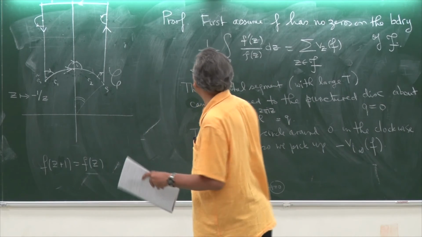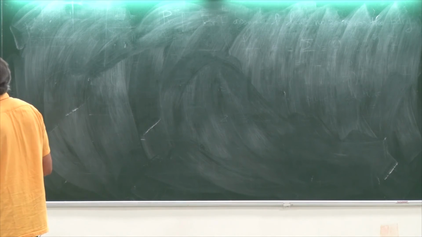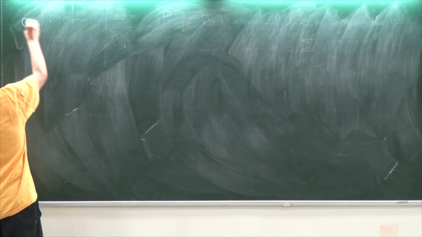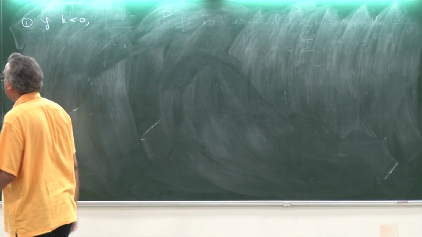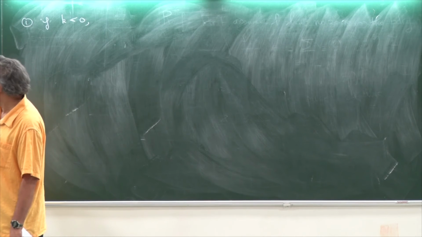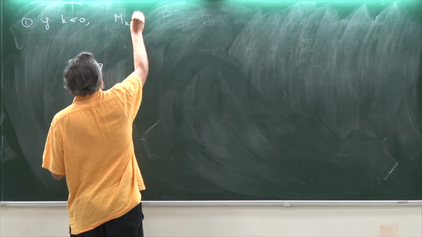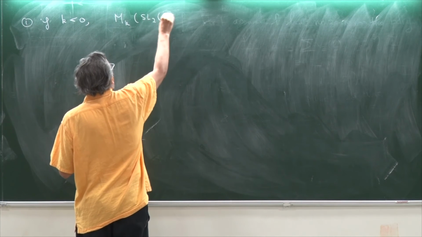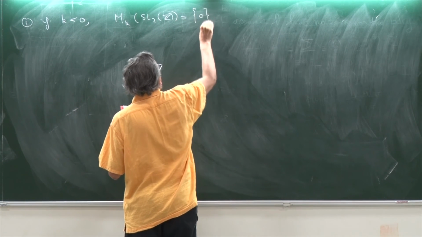From this formula, the first observation we make is that if k is negative, you have a negative thing here, and these are all positive things, therefore there are no modular forms, so M_k is the only function that will satisfy everything, the zero function.